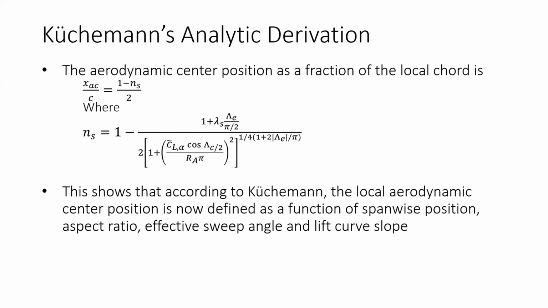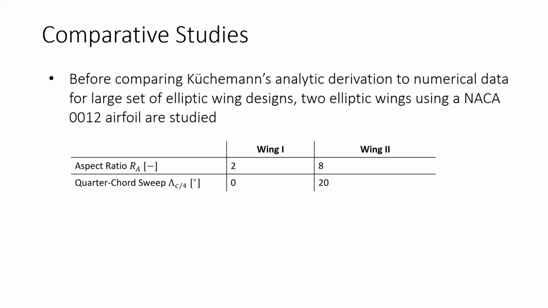Those are the main variables that will affect his solution. Before I generated a bunch of data for a large set of elliptic wing designs, I looked at two specifically. One has aspect ratio 2 and no sweep, and the other has aspect ratio 8 and 20 degrees of sweep. By the way, at this point in my research, I only looked at elliptic wing designs.